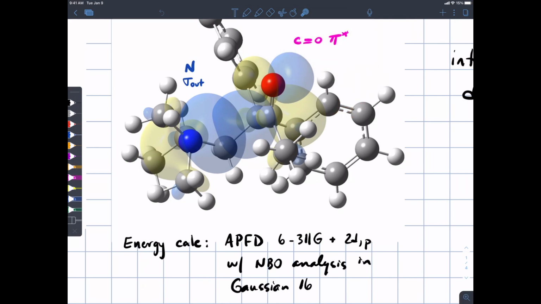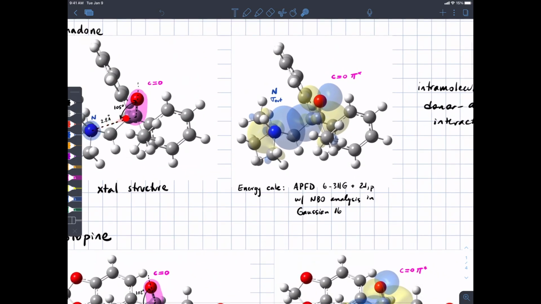And so you can see the individual sigma bonding orbitals, the pi star antibonding orbitals, you can see the lone pairs. So I'm showing on this image the pi star of the carbon-oxygen double bond. And notice how that pi star is angled back away from the carbon-oxygen pi bond, almost exactly at the appropriate angle for where this nitrogen is.